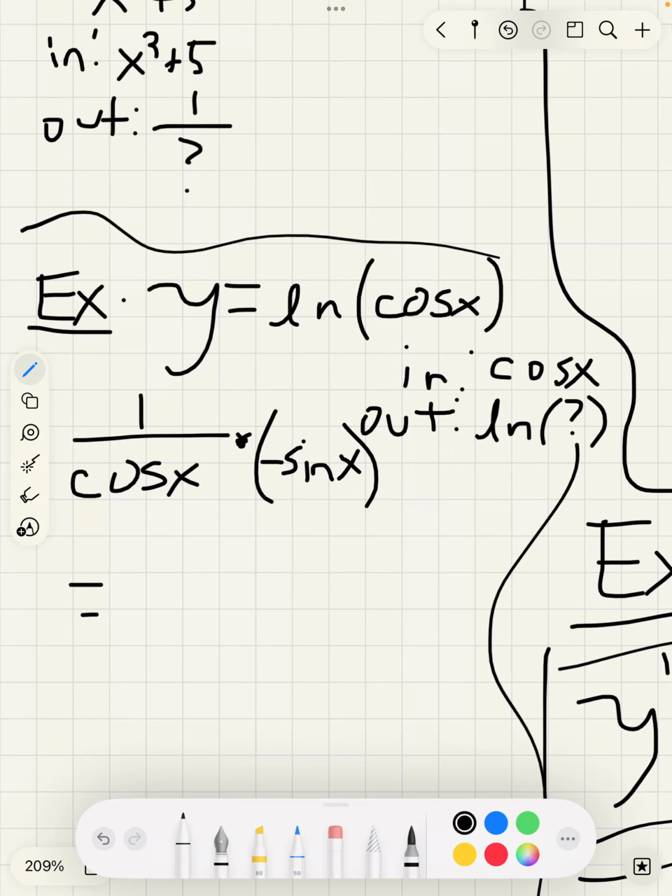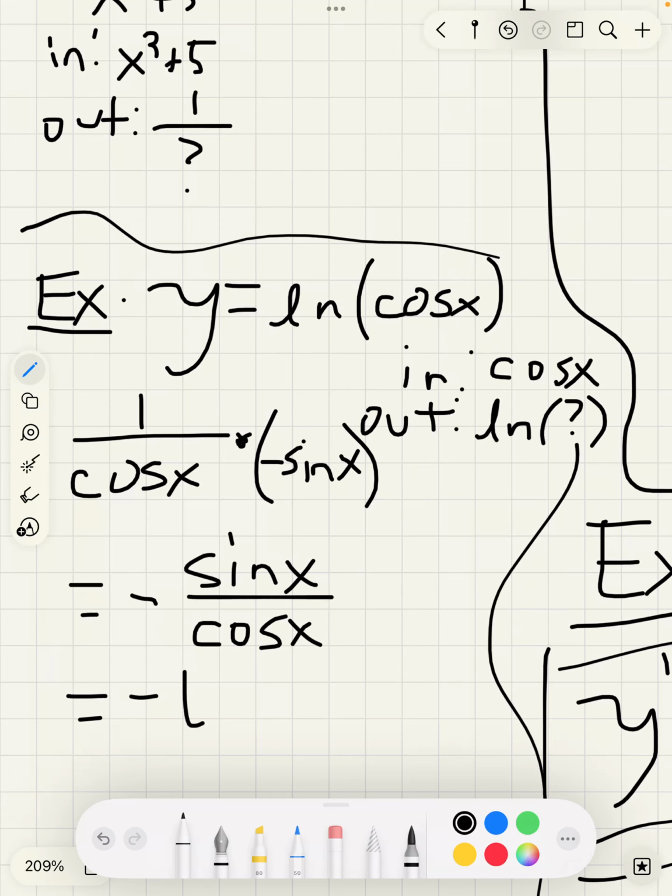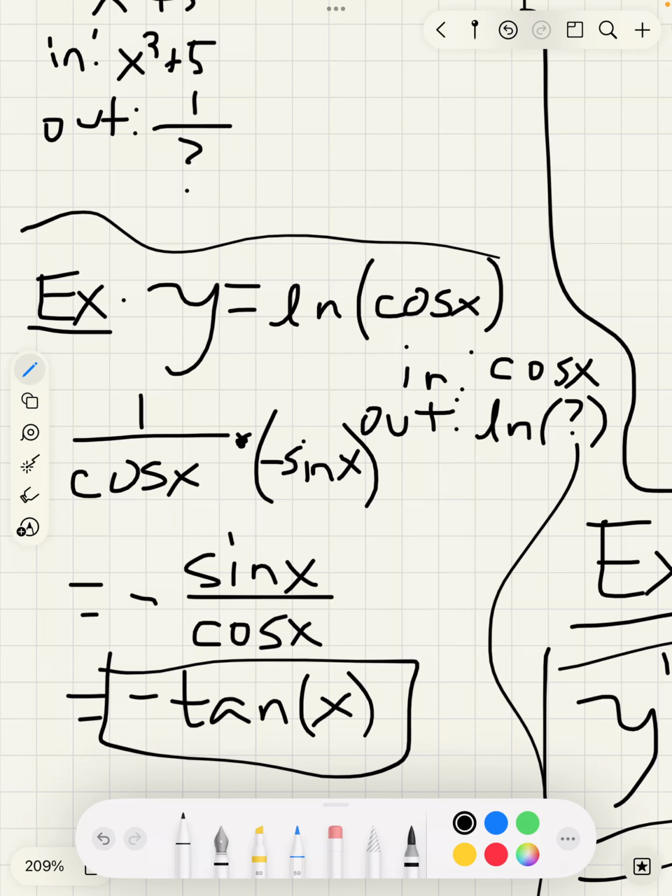So remember, when you multiply a fraction by something, the something will go in our numerator. So this is negative sine of x over cosine of x. Well, if you remember your trig, you know that this can also be written as negative tangent of x. Pretty cool.